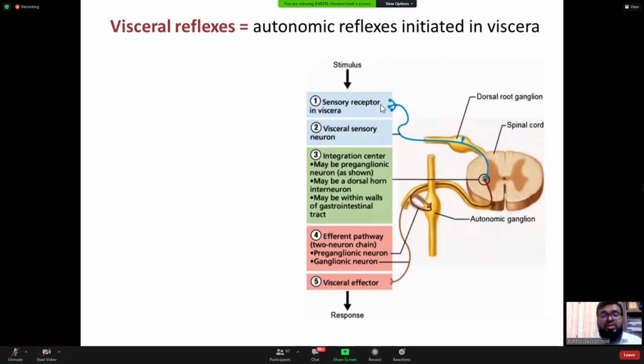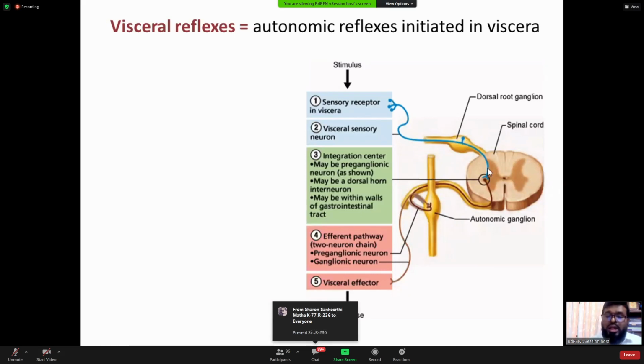Whatever the cause is, there is a stimulus, and the sensory receptor in the viscera carries it along with the posterior root of the spinal nerve, where its cell body is located. But this neuron is not the same neuron that carries the sensation from the skin, that is the somatic system. That neuron also has its cell body here, but the two neurons are not the same.